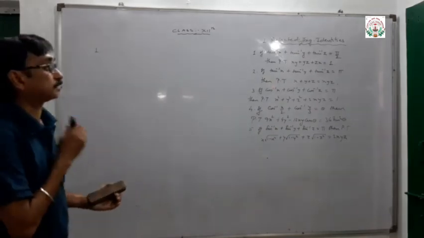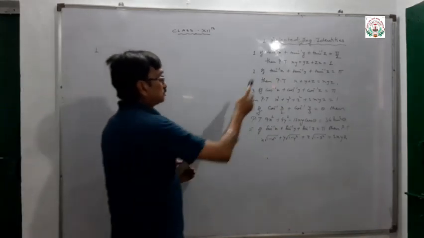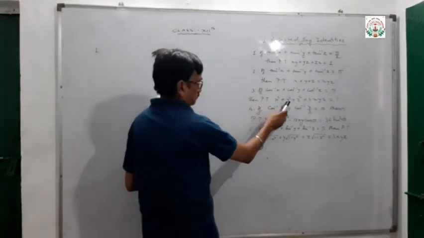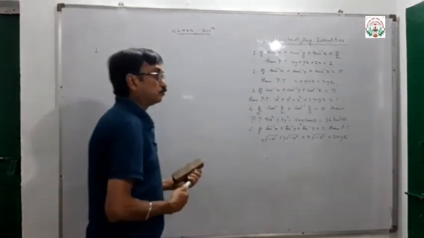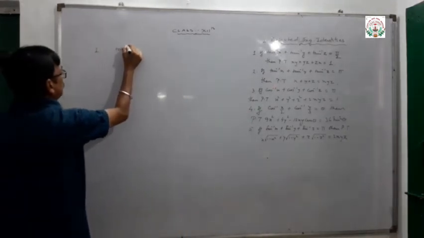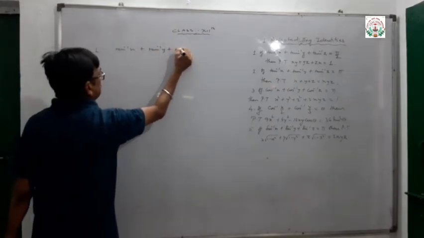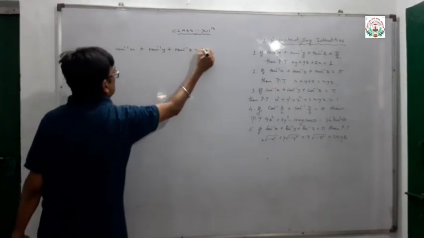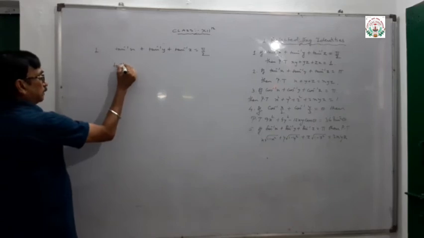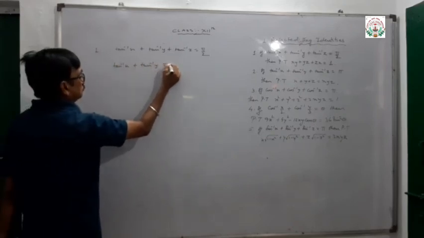In restricted trigonometrical identities, a condition is given and you have to prove the given relation. That is, if tan inverse of x plus tan inverse of y plus tan inverse of z equals pi by 2, what we do is shift any one of the terms to the RHS.